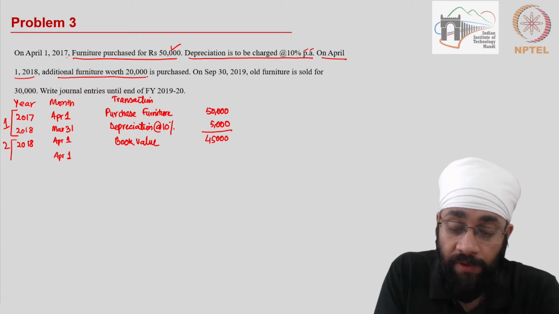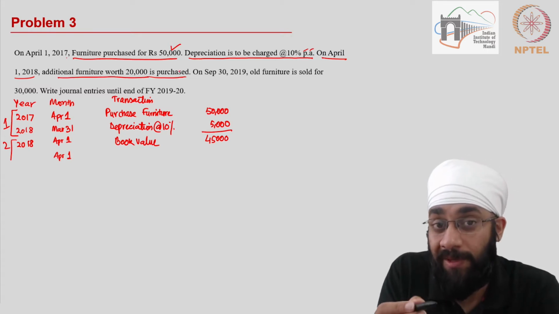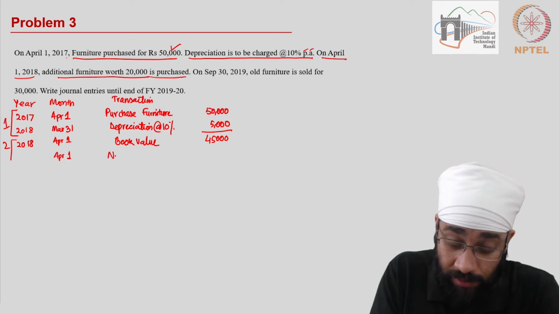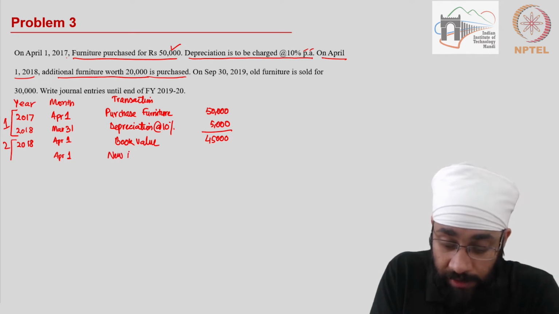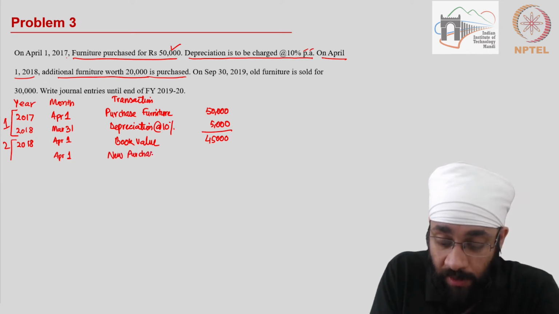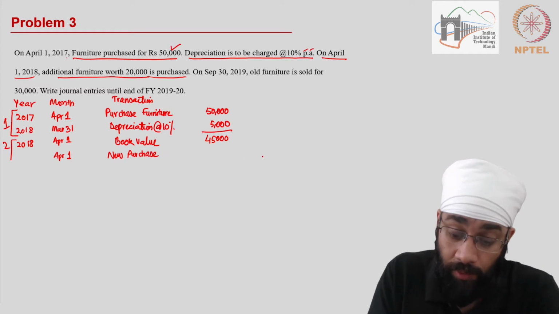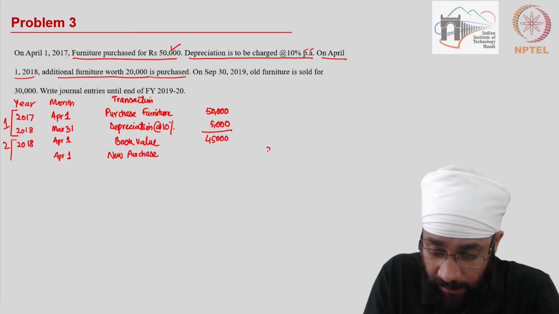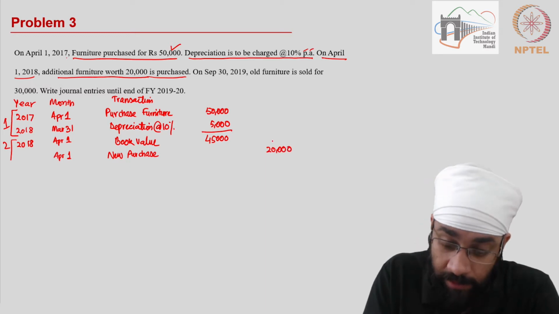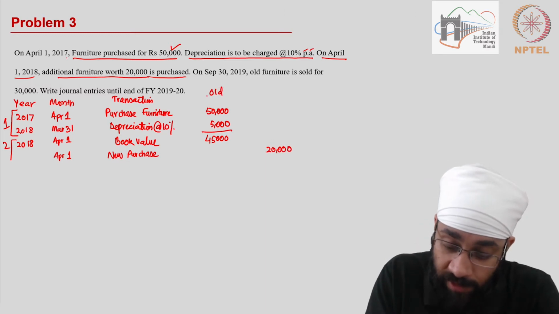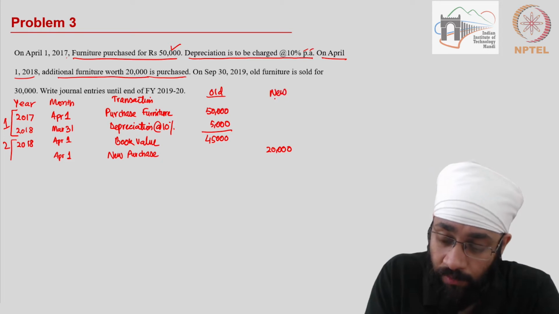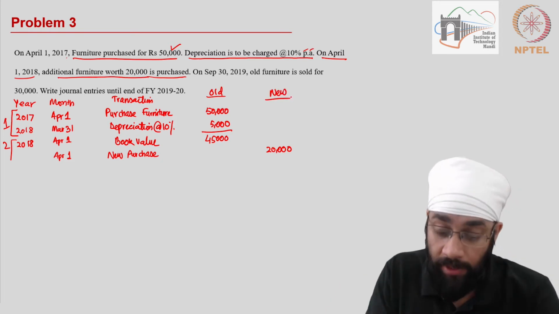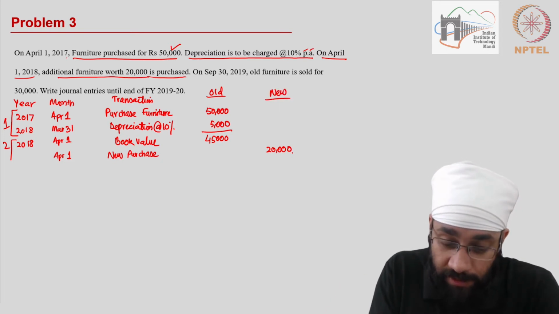An additional furniture worth 20,000 is being purchased. So you say new furniture, new purchase of furniture worth 20,000. And I'm going to write it here, 20,000. This is the old furniture. This is the new furniture which has been purchased. Okay, new furniture purchased, done.